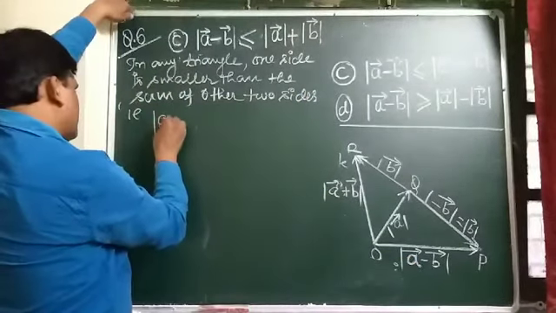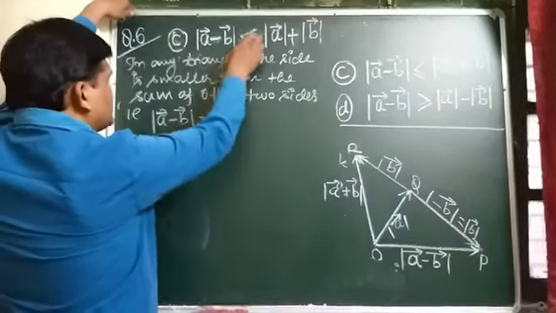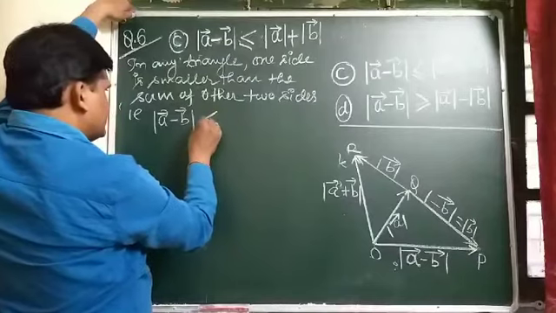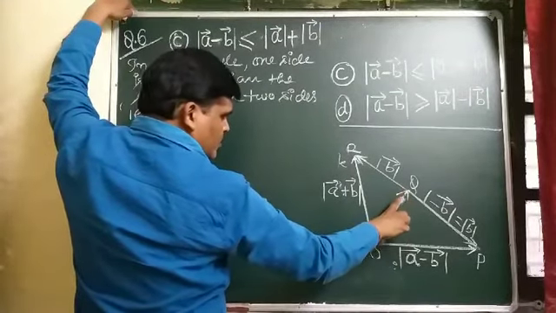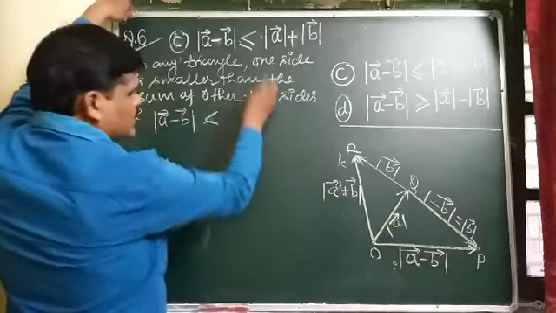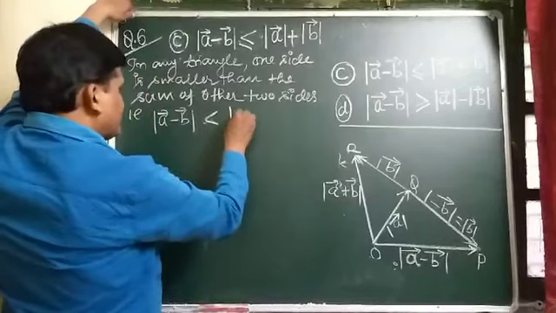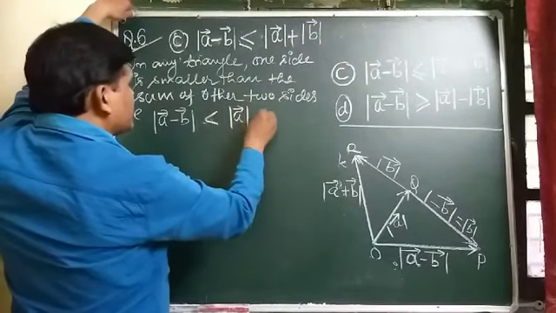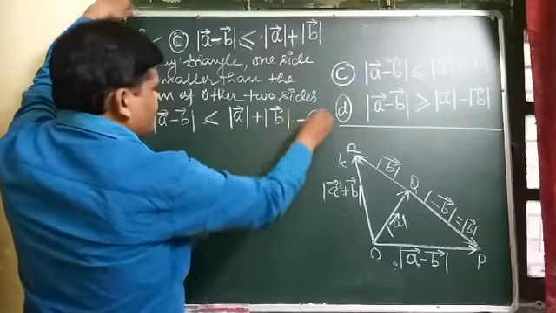So that is mod vector A minus mod vector B, which is less than the sum of OQ and QP, that is mod vector A plus mod vector B, and this is equation 1.